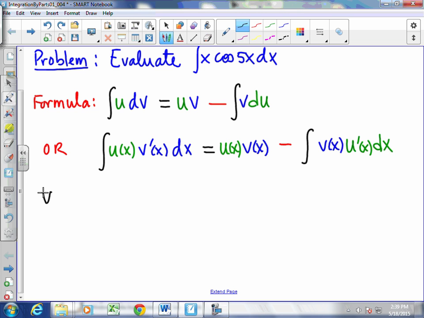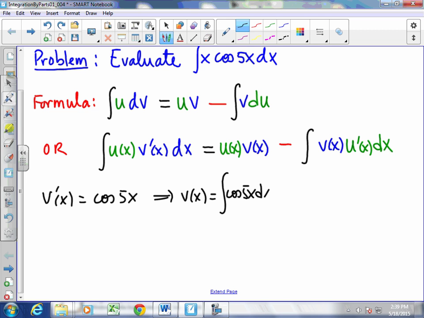V prime of x equals cosine of 5x. It means that v of x is the integral of cosine of 5x dx.